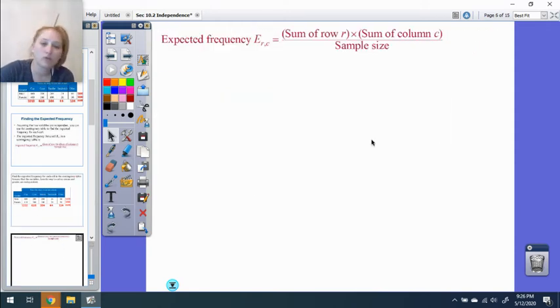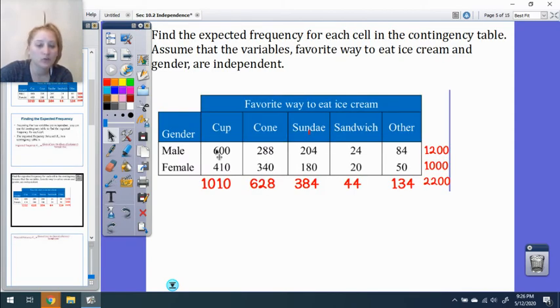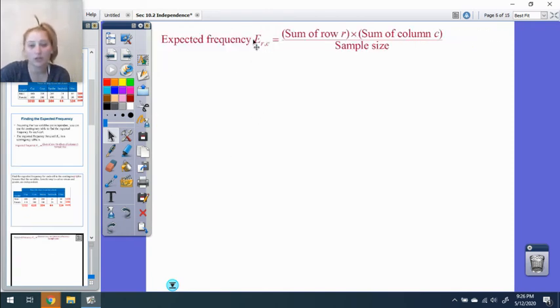So we are going to use this formula. For instance, we're going to start with the first row, first column. That's this 600 right here, and we represent that with E11.